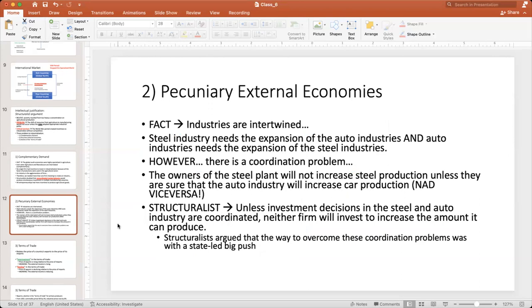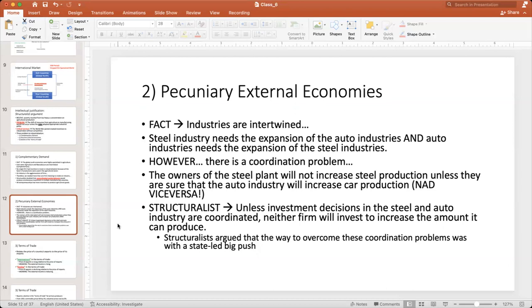The second problem is the pecuniary external economies. As we already discussed, industries are very connected, intertwined. Picture this: we have a steel industry and a car industry. If we want to expand the car industry, the firms within the car industry require more steel, so they will require that the steel industry expand its production in the same way.